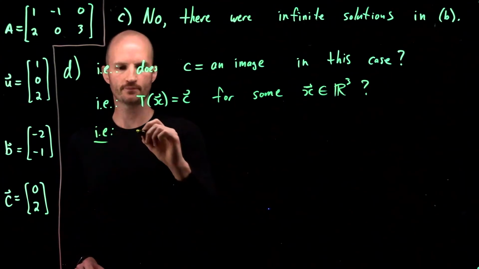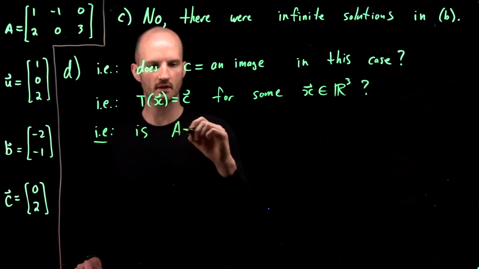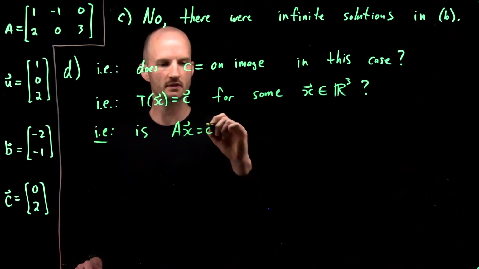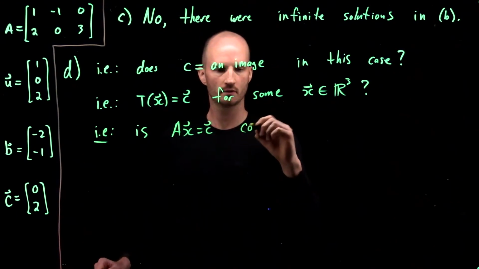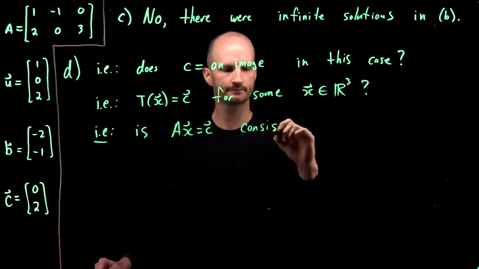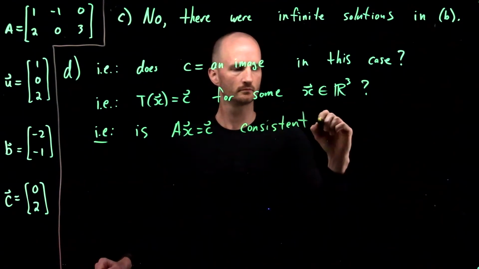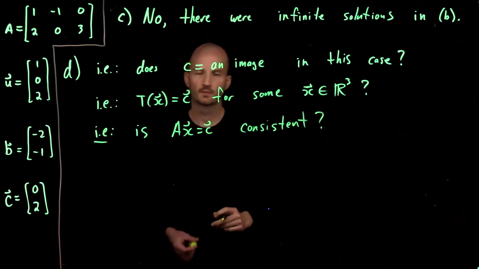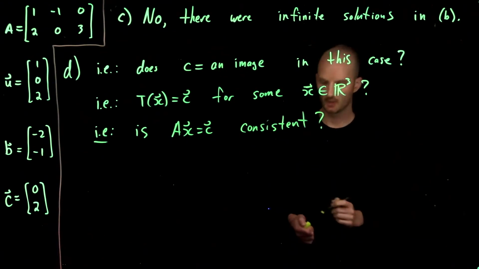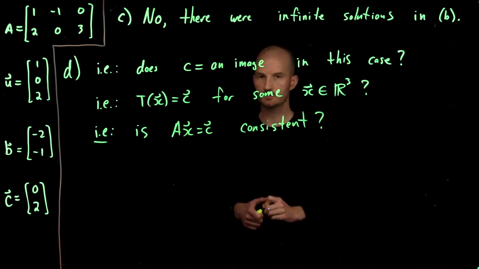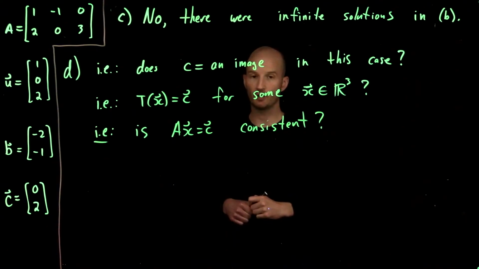Well, i.e., is AX equals C consistent? And without doing any calculation, just remembering what happened in part B.